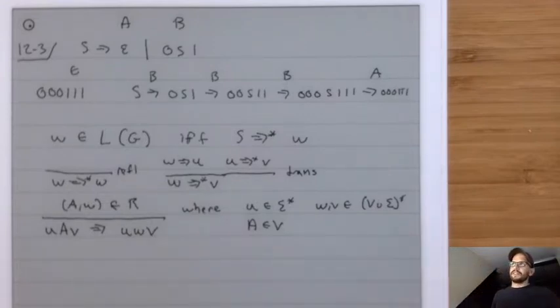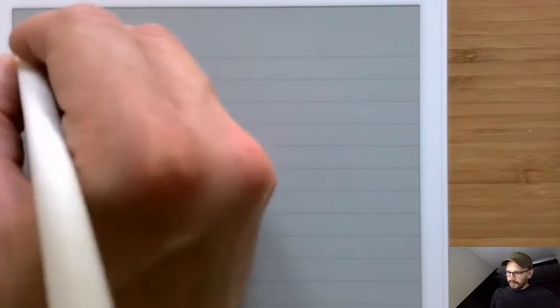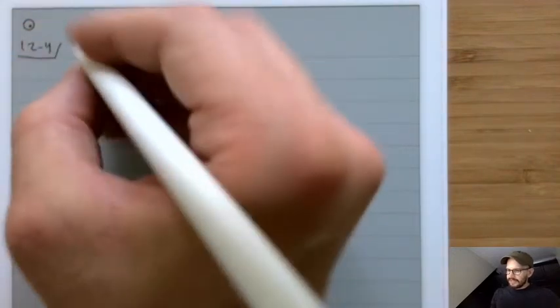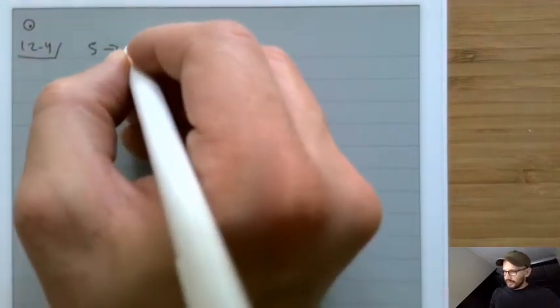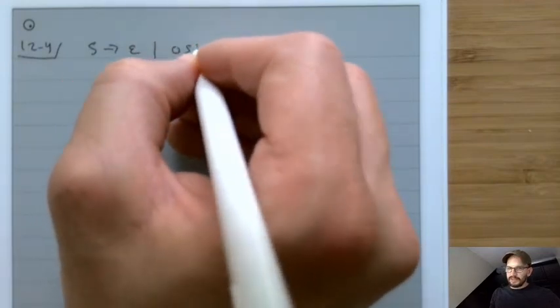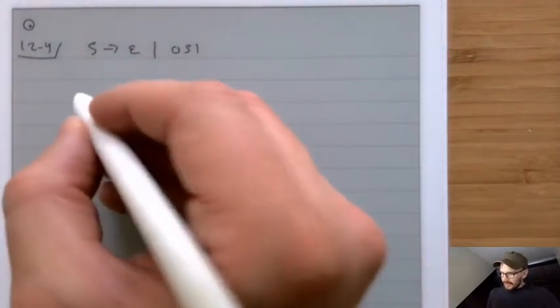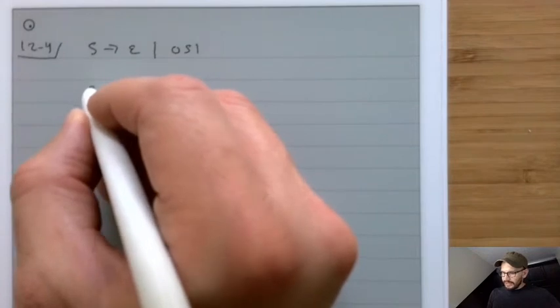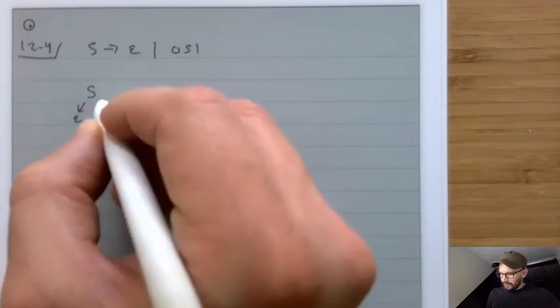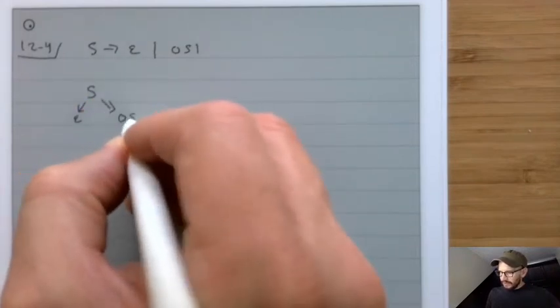Now, notice that this derivation relation is not a function. In other words, there are multiple options. So it's like a non-deterministic finite automata in that it is tree-shaped. For instance, with our example, S goes to epsilon or 0S1, I have the following tree. I could say S either goes to epsilon or it goes to 0S1.